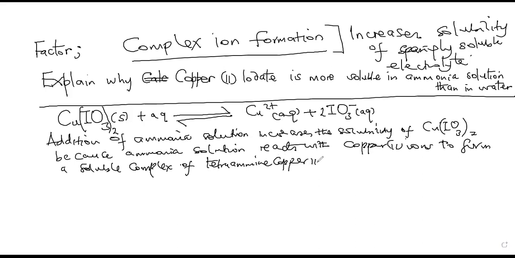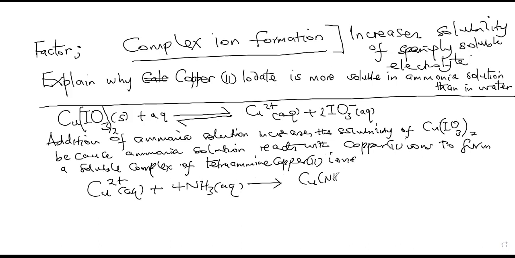When you're writing complexes, you don't leave gaps. Then you write the equation. We have copper 2 ions react with the ammonia molecules, 4 of them, to form tetramine, Cu(NH3)4 2 plus, aqueous.